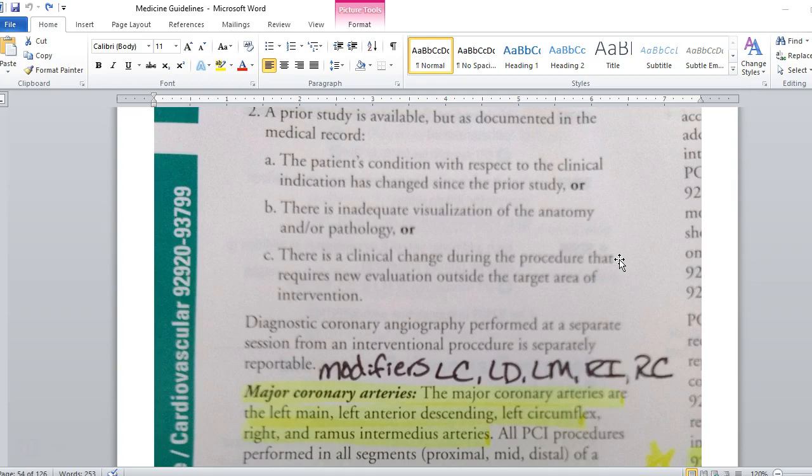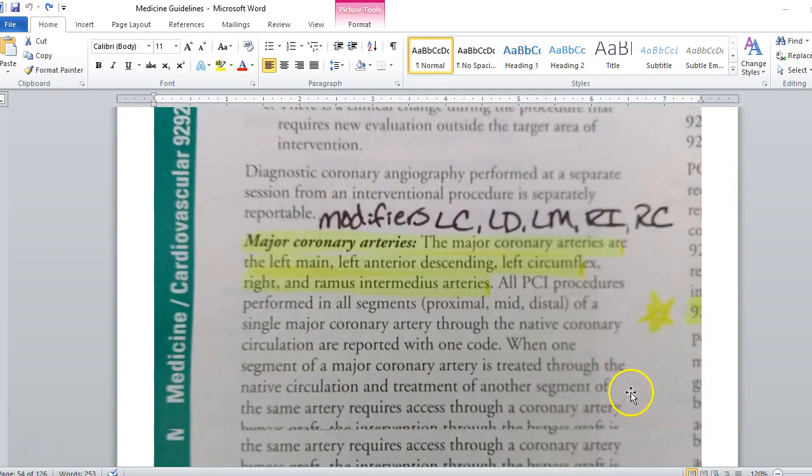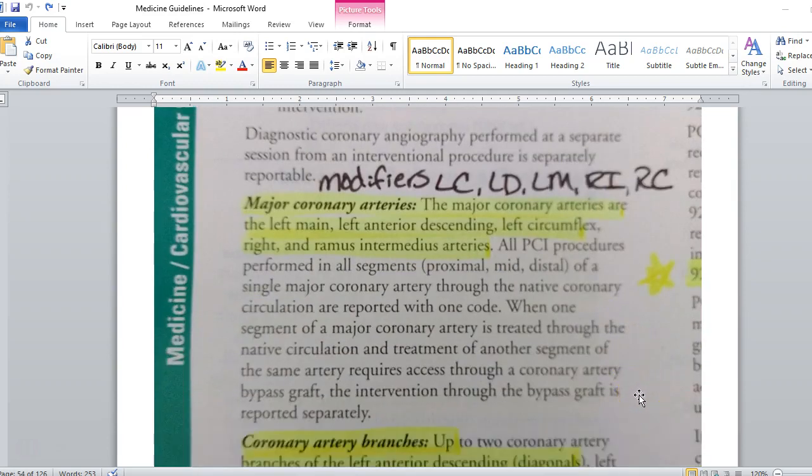Now, as we go through the rest of these guidelines, the biggest thing we have to remember is we have coronary artery modifiers. Now, you'll find these modifiers in the front cover of your book. You will also find them in your HCPCS book because they are HCPCS modifiers. So we have 5 main coronary arteries that we actually end up using modifiers for.